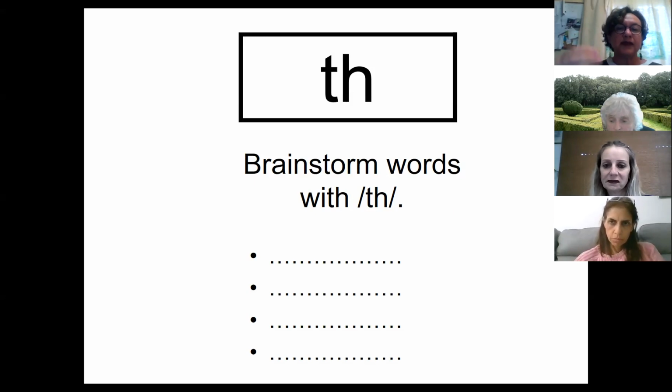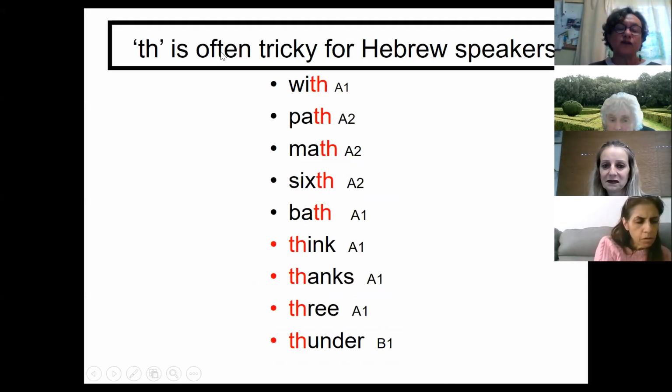So here I'm showing them the TH. I'm saying that we don't pronounce it that way. In this case, there are sometimes that we do, we say th, but in this case, we're teaching it as th. And then what I do is, of course, I say for Hebrew speakers that this is a tricky digraph or grapheme. And over here, you can see that I've got words with frequency levels.